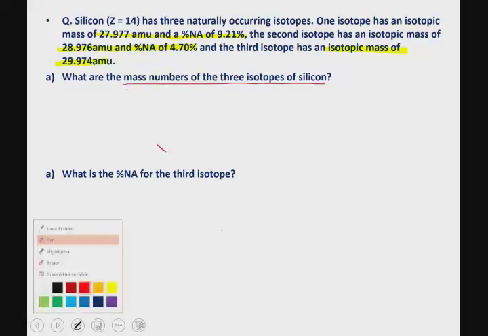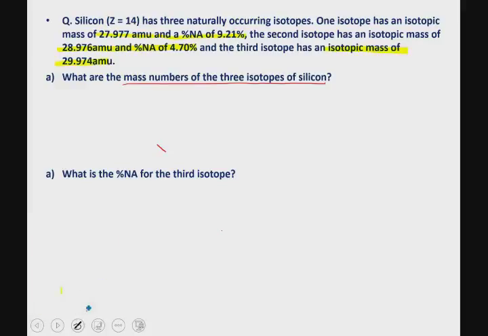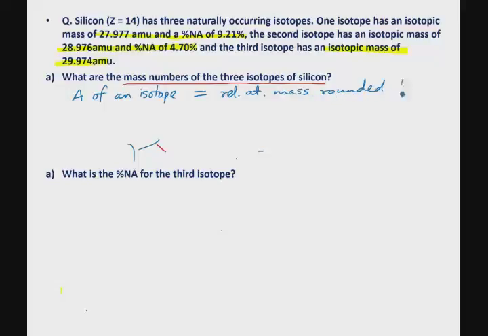The first part of the question asks us to calculate the mass number for the three isotopes of silicon. At this point, I would like to give you a piece of information that we have not discussed before. The mass number of an isotope equals its relative atomic mass rounded to the closest whole number.